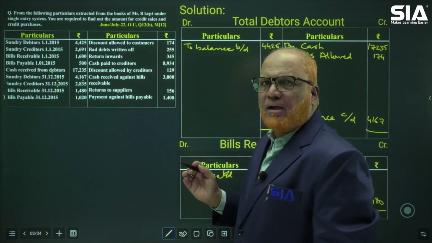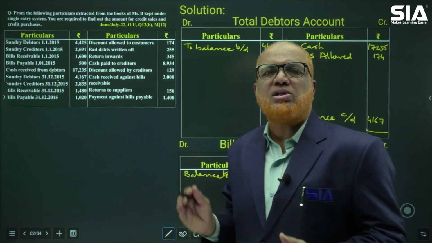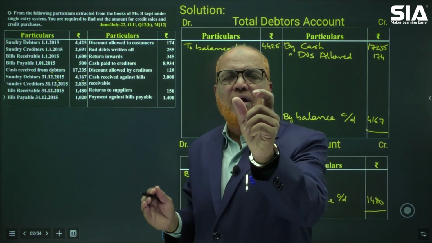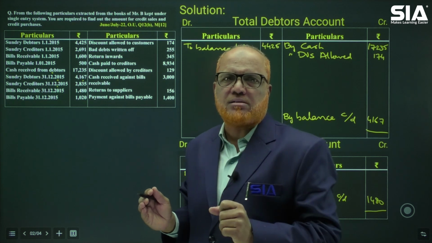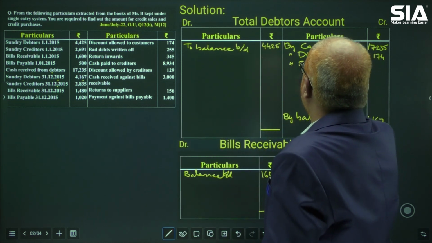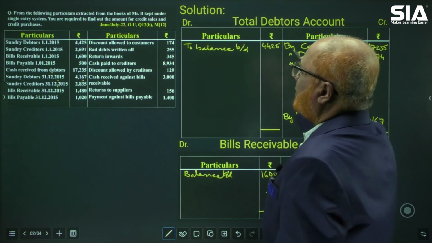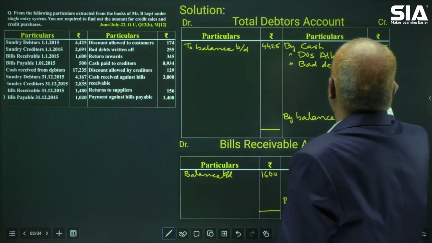Then we have bad debts written off. Bad debt is a loss, and all losses will show debit balance. Bad debts account debtor to debtors. So debtors account should be credited by bad debts. By bad debts. How much? 255.